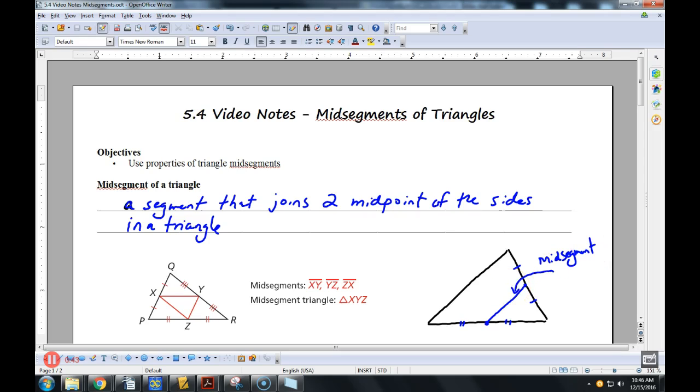And I can do it different ways, so I could also come over onto the other side, the longest side here, and I could find another midpoint. And if I connect these together, I have another midsegment, and I have another midsegment. So there are 3 midsegments there. And now there's some special properties that you can kind of see. One thing that I want to note is we're going to find out later on that you basically end up with 4 congruent triangles inside there.